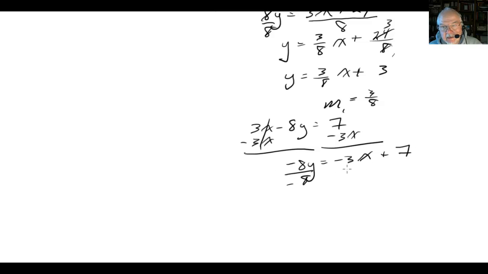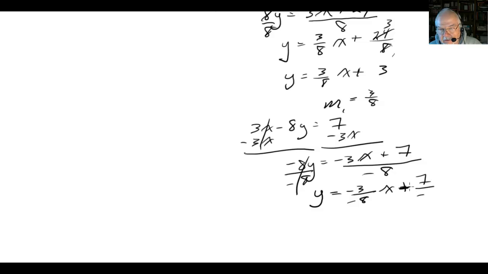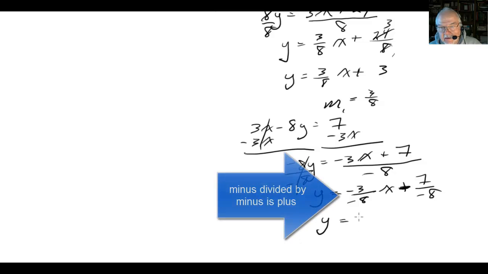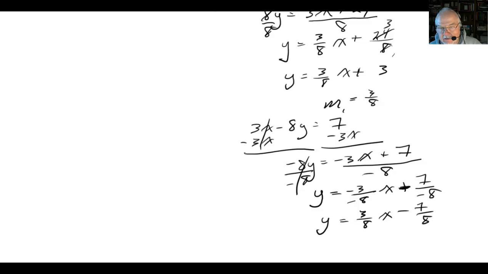Got to get rid of that minus 8, so I'm going to divide both sides by minus 8. Minus 8 by minus 8 is plus 1. 1 times y is y. This is minus 3 over minus 8x plus 7 over minus 8, not equals, that should be a plus.